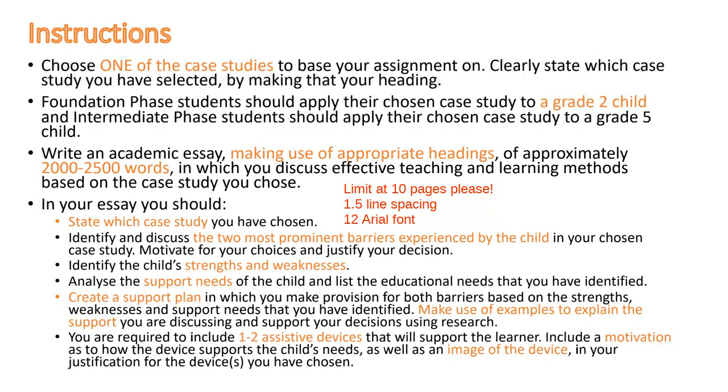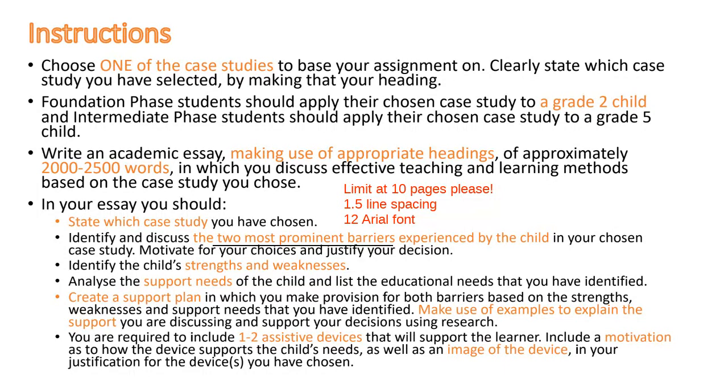So then identify and discuss the two most prominent barriers. So it's already giving you a clue there. There have to be two prominent barriers. Okay. So what we did is we made the first one pretty easy to spot, and then the second one is a little bit more interesting, if you want to call it that.